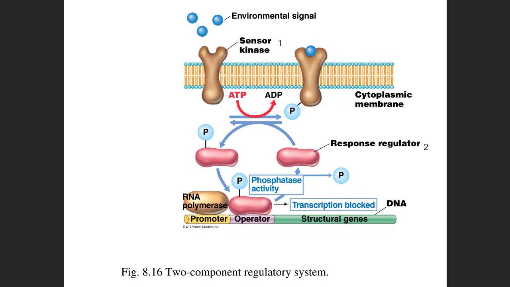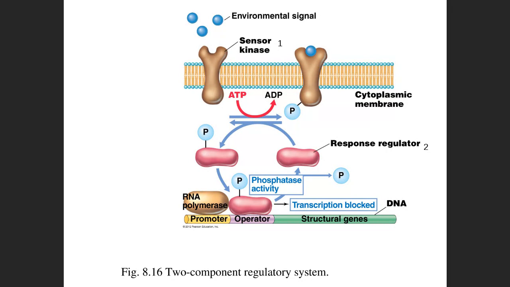And once it binds to the signal, it becomes an active kinase, and then it puts a phosphate onto itself. So now this has a phosphate, and it becomes a kinase. A kinase is an enzyme that can put a phosphate onto a second protein.